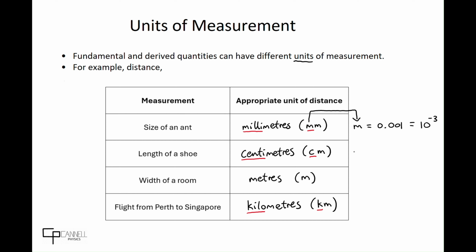For centi, c is 0.01 or 10 to the negative 2. Meters doesn't have a prefix, so we're going to skip that one. And kilo, lowercase k, is 1000, and that can be written as 10 to the power of 3.